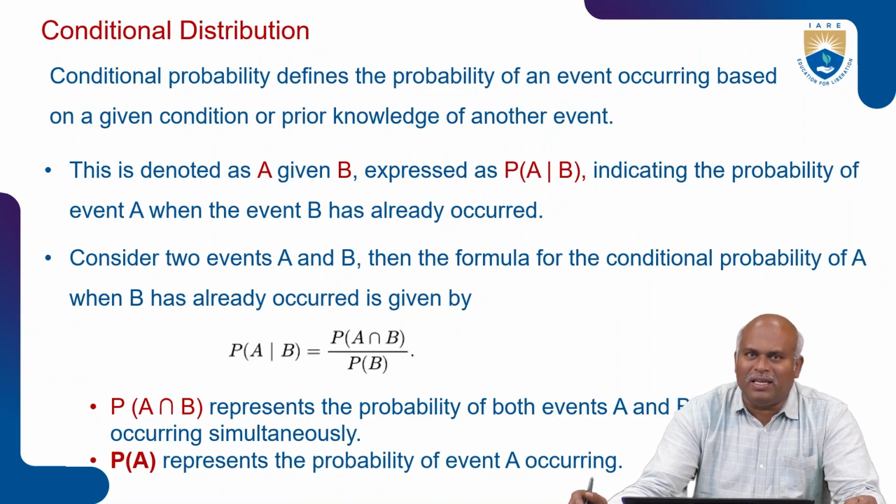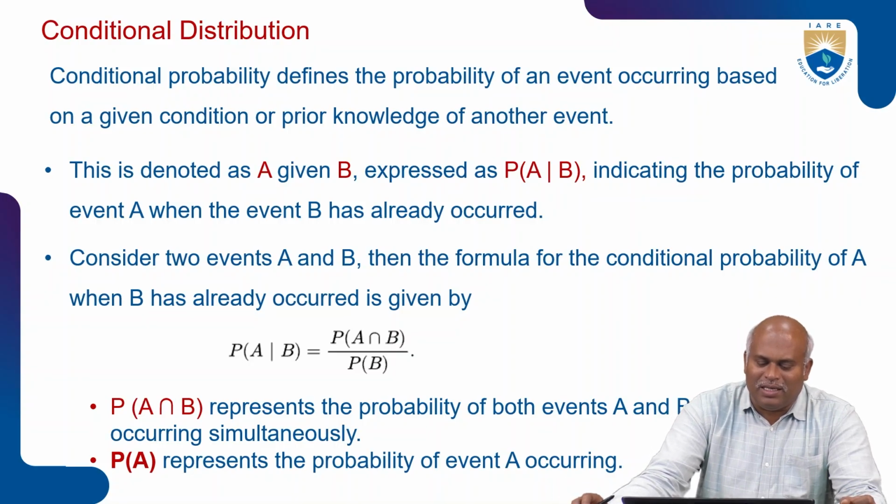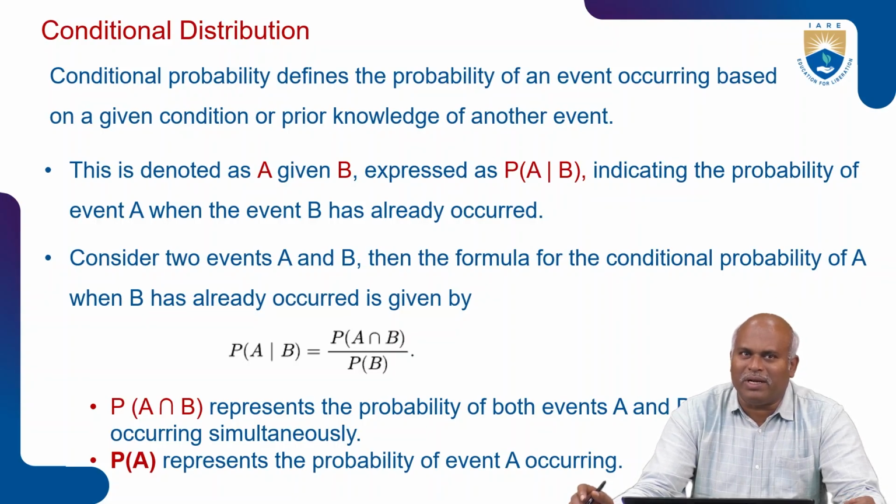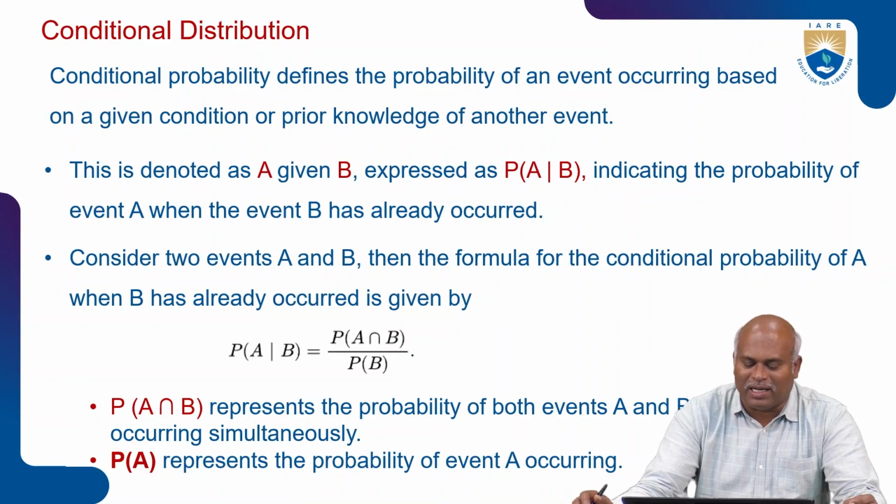If A and B are events, it is expressed as P of A given B, which indicates the probability of event A when event B has already occurred.